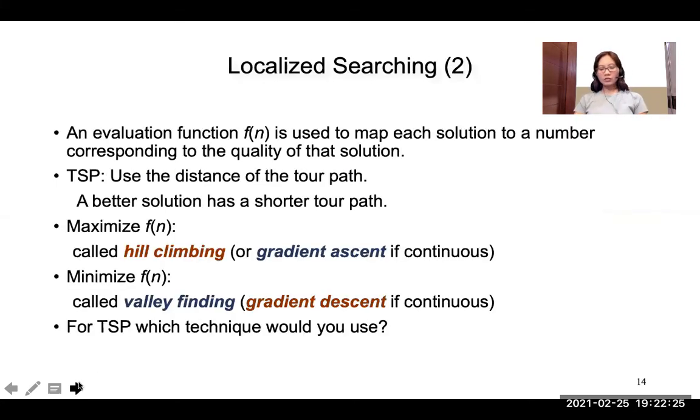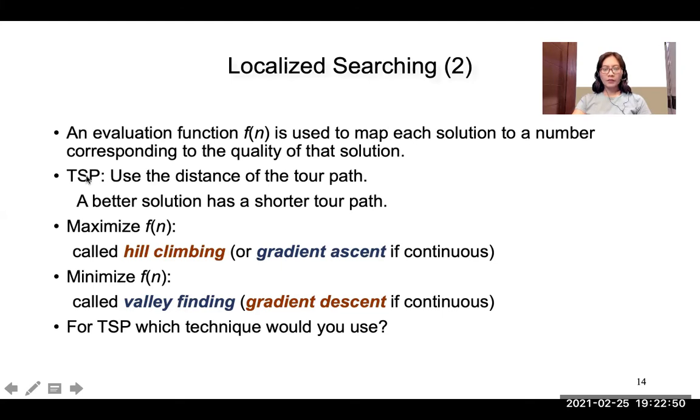Okay, so in order to find the best solution, the better solutions in the neighborhood, we need to apply some tests according to the score. The score is calculated using a function called f of n that maps each solution to a number.